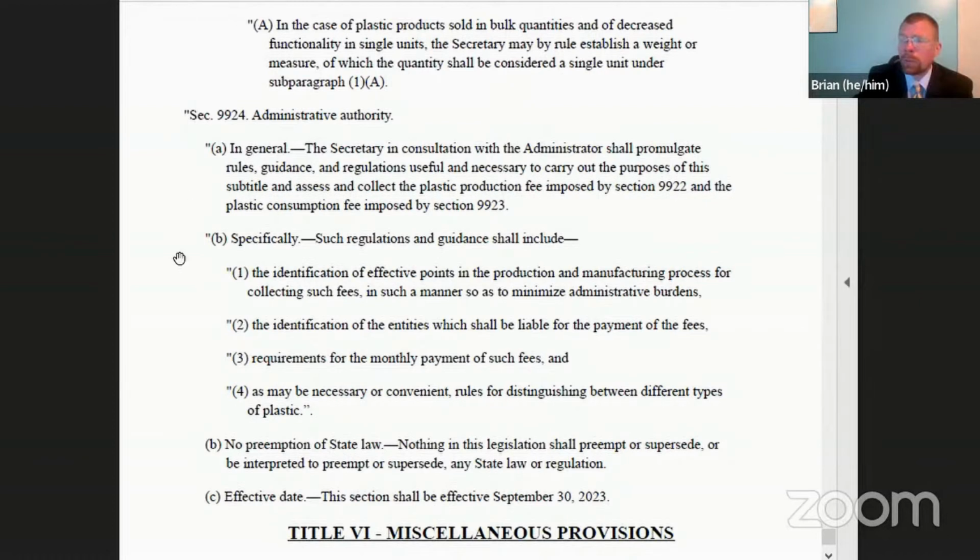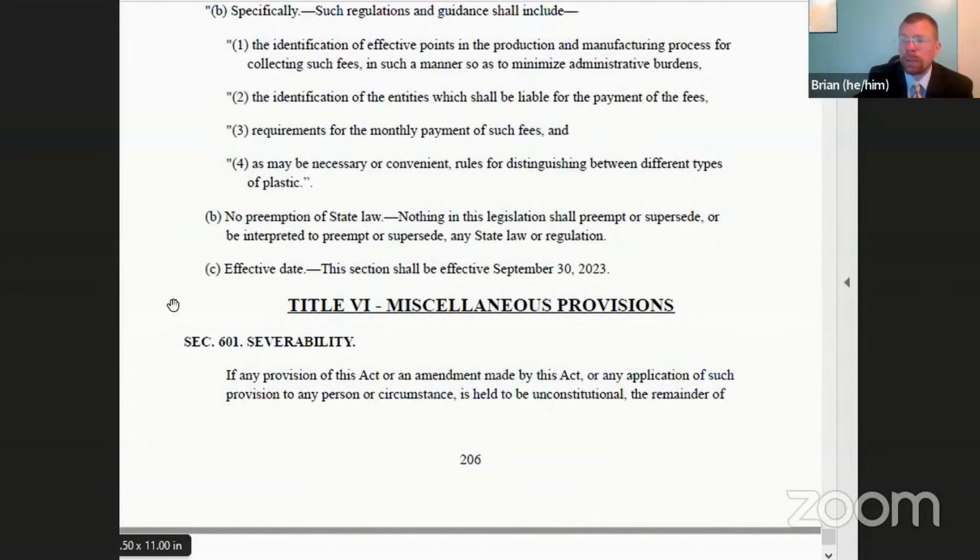The Secretary is supposed to identify effective points in the production and manufacturing process for collecting these fees, do it in a way that minimizes administrative burdens, and, just like we saw with the carbon tax, require monthly payments of fees, and set rules for distinguishing between different types of plastic. Once again, no preemption of state law. This is a floor, not a ceiling, and it sets an effective date of September 30th, 2023. And with that, Madam Chair, I think that concludes my testimony on Section 513.